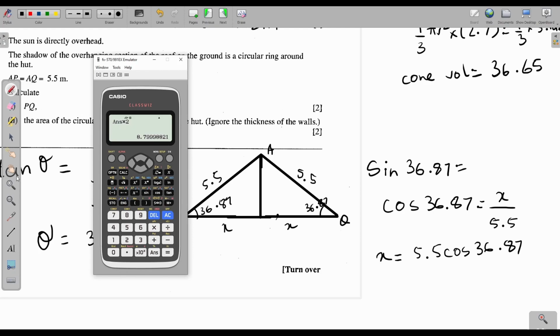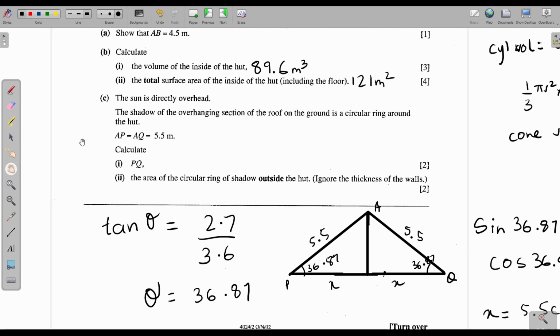We can type that as 8.80. Okay, now they want the area of the circular ring.